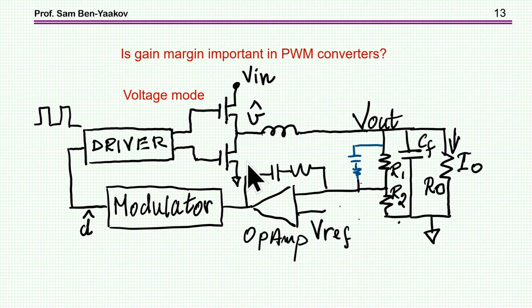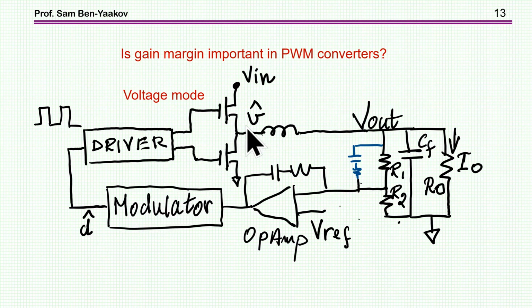Now, in this case, if we are looking at the small signal response, small d, the perturbation in the duty cycle, and its effect on the output, and I'm talking about the average signal, of course, not the PWM, not the switching signals.